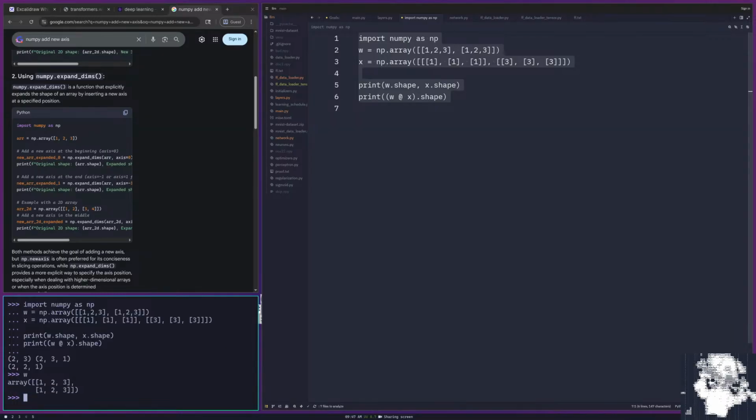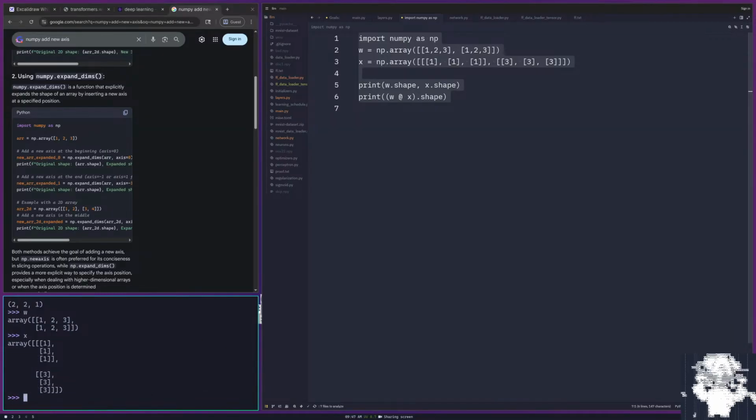So W is this, X is this. W multiplied by X. This is with a batch size of 1.